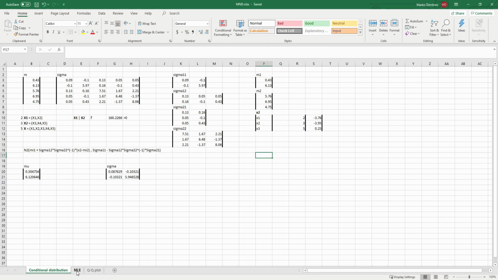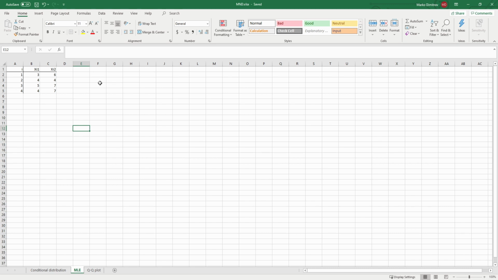Next problem is a simple computation of maximum likelihood estimates. So say that we have this matrix X and that we want to compute the maximum likelihood estimates. Even if we had more data, it would be the same and easy way, but we'll just show it on a very simple example of 4 observations.